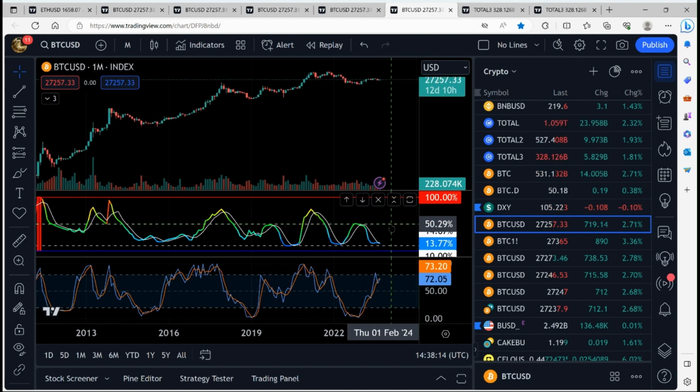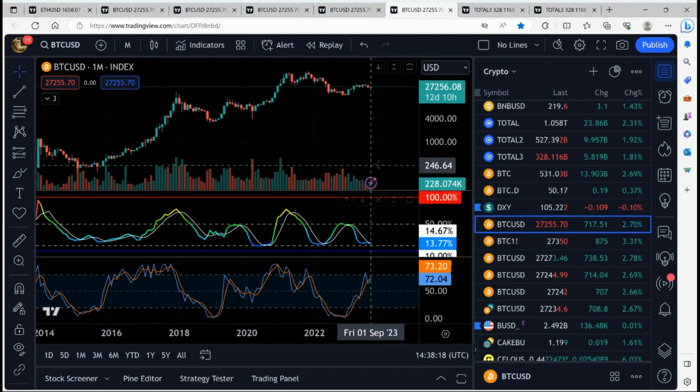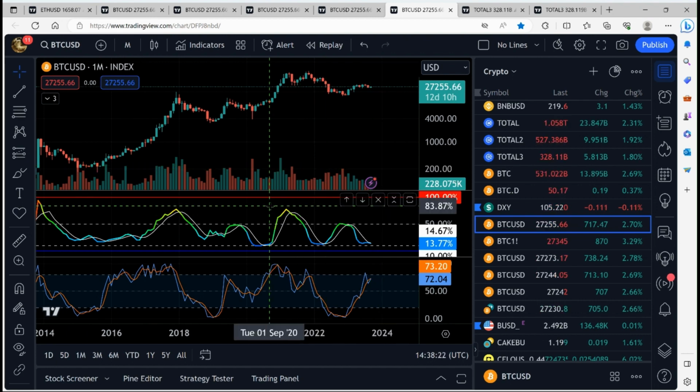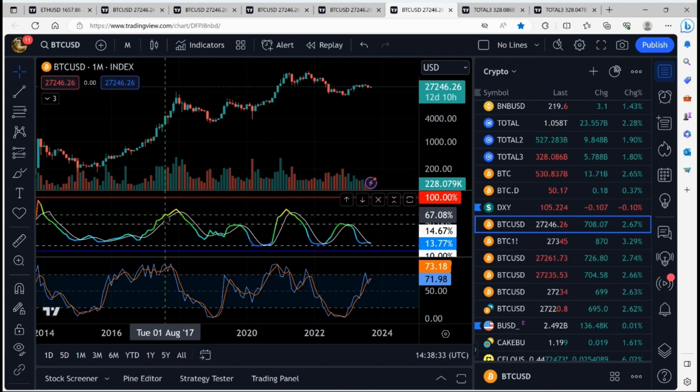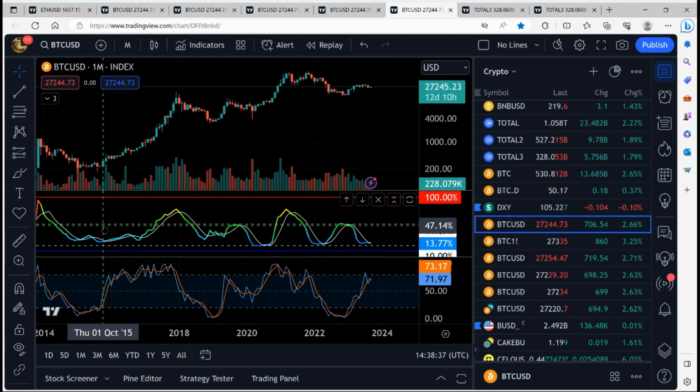I'll start over here because here we did see a big move downwards. Here was the beginning of our parabolic move upwards in October of 2020, where we've gotten down to similar lows, let's say right here.